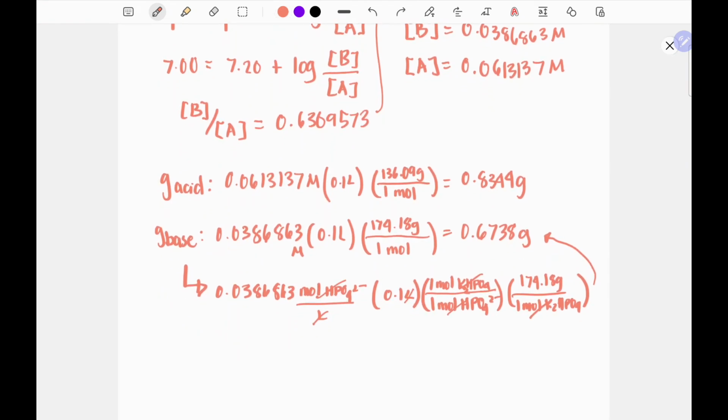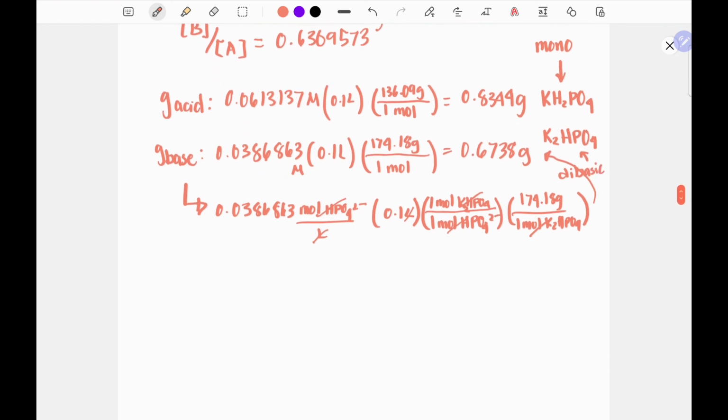Now we have the grams of acid in terms of potassium dihydrogen phosphate and the grams of base in terms of dipotassium hydrogen phosphate. We also call this the monobasic phosphate and this the dibasic. We can then propose a way to prepare the solution.